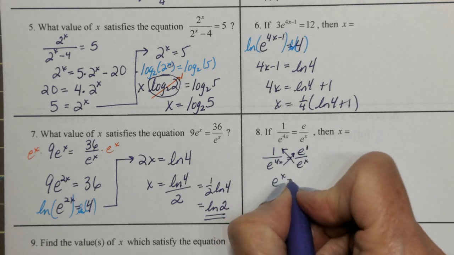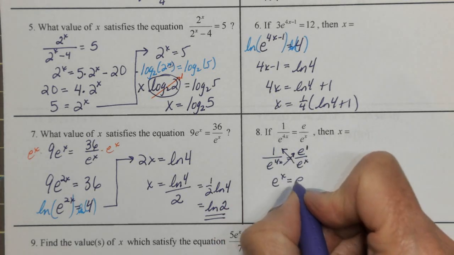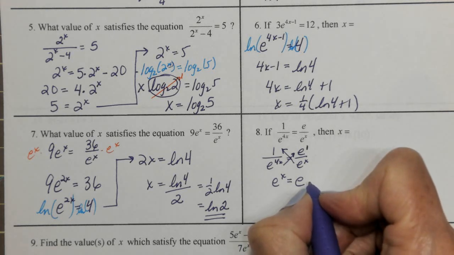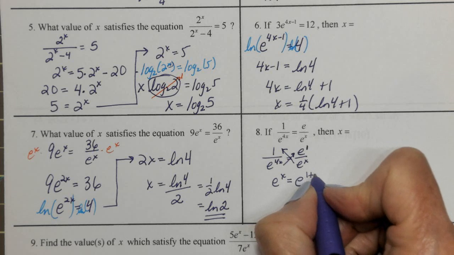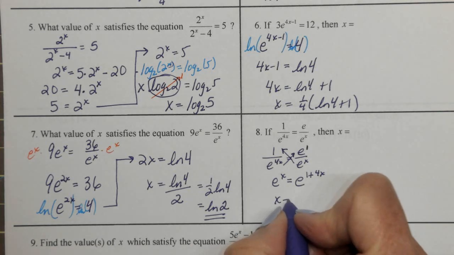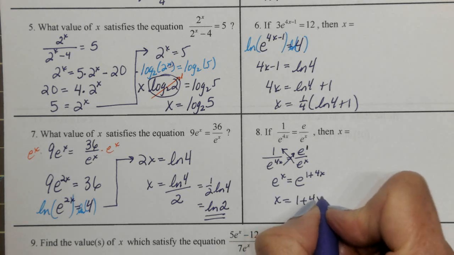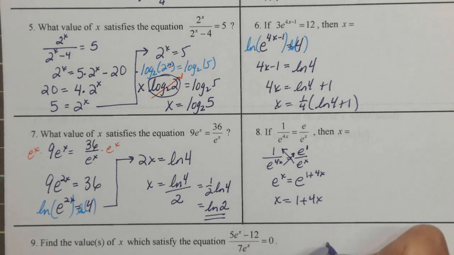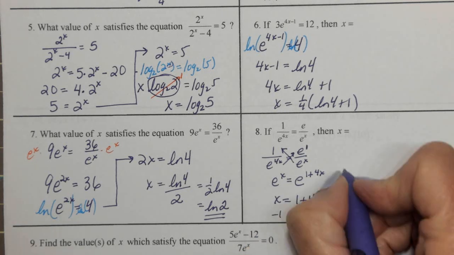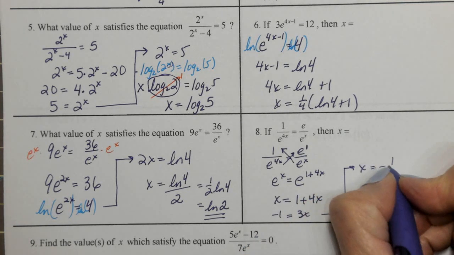I'll have e to the x is equal to e to the 1 plus 4x. Add your powers. Now we have same bases, and I set the exponents equal to each other and finish solving for x. 3x is negative 1, so x is negative 1/3.